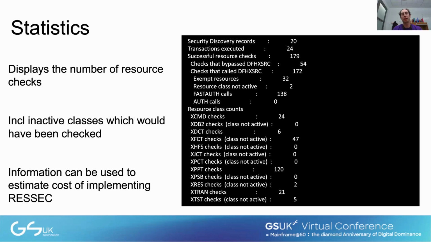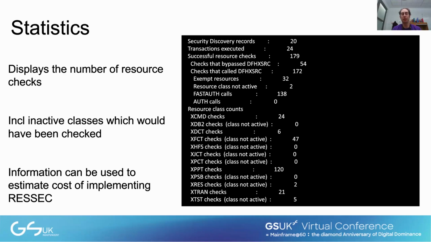But it gives you an overview of how many transactions you executed, how many checks you actually performed, and whether or not the class was already active. So it gives you an indication of the extra cost that would be involved.